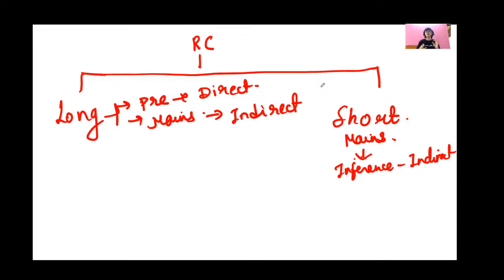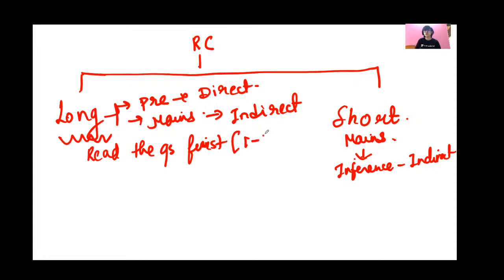Here we are going to see how to approach these two types of RCs. For long RCs, please read the questions first, and you have to read those questions within 1 to 2 minutes.